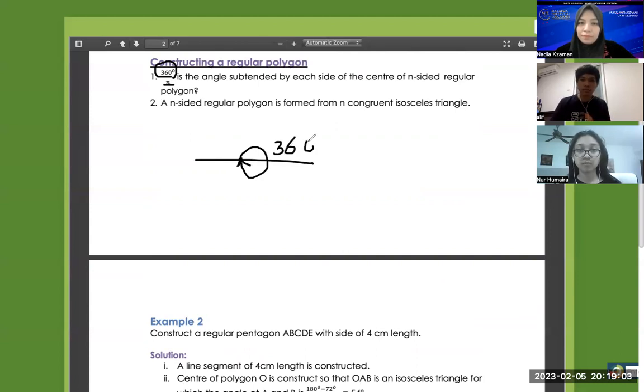In whatever polygon, however many sides it has, the total angle is 360 degrees. Afterwards, we are going to look at the example. An n-sided regular polygon is formed from congruent isosceles triangles. So, let's proceed to example 2 first.